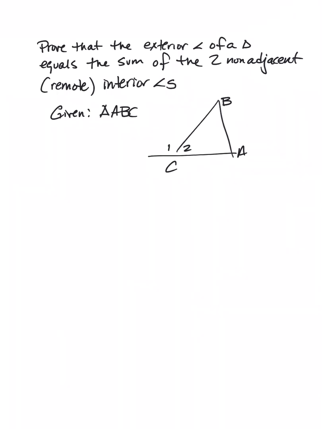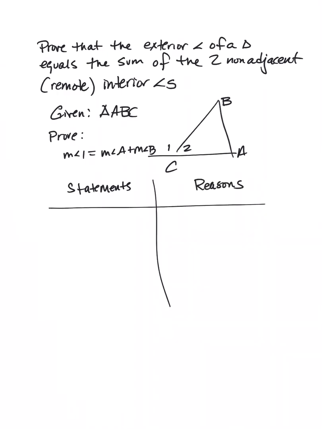So we want to prove that this exterior angle, which I named angle 1 to make our lives easier, we want to prove that that equals the sum of angle A and angle B. So we start off, we have our statements and our reasons.